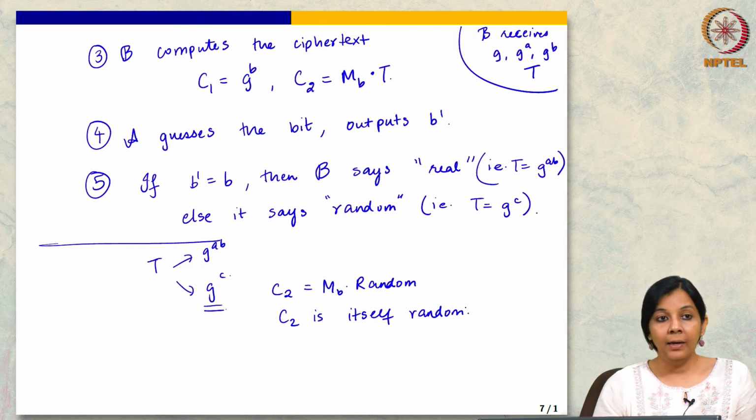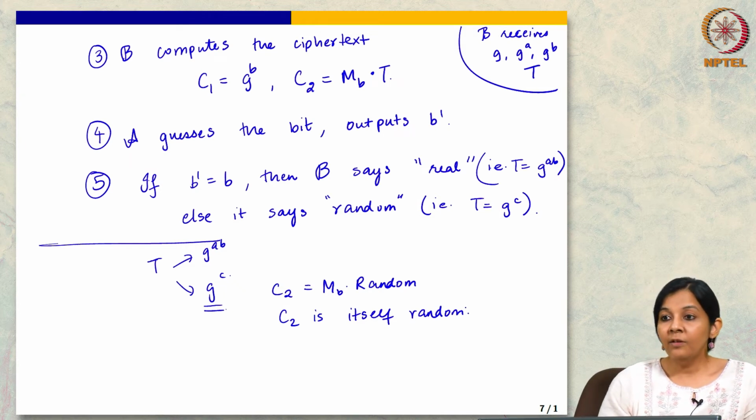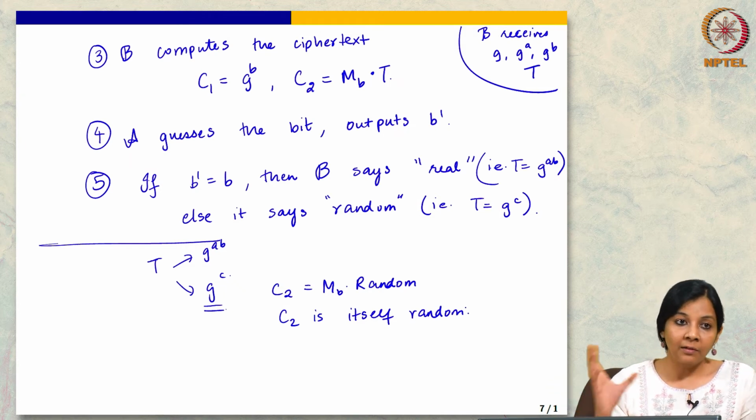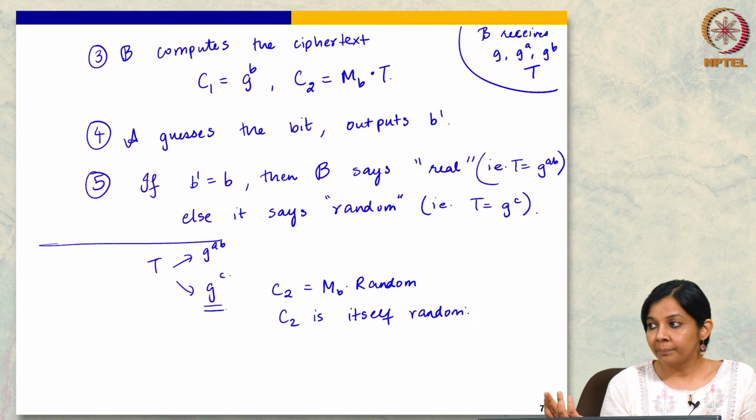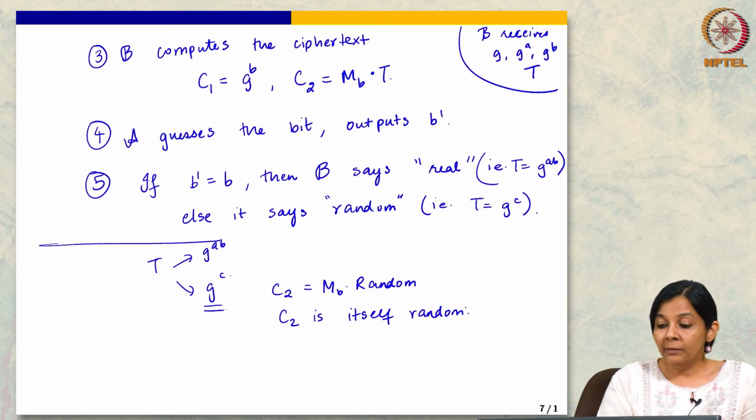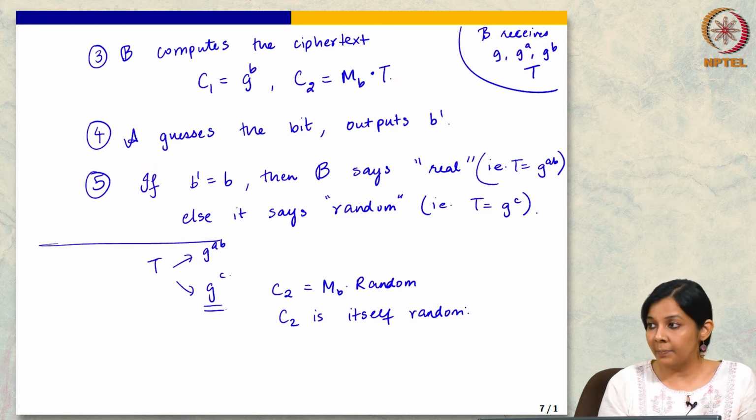Does everyone agree? Because if the message is being masked by a truly random element, then this distribution is now independent of the message. So, in this case C2 is completely random, that means that information theoretically it hides the bit B.